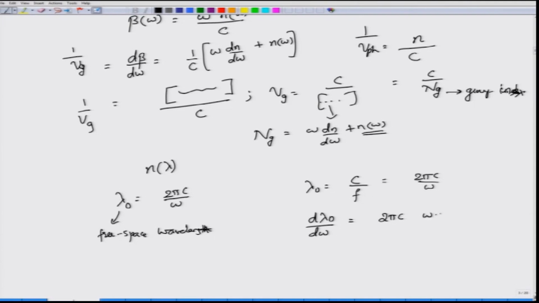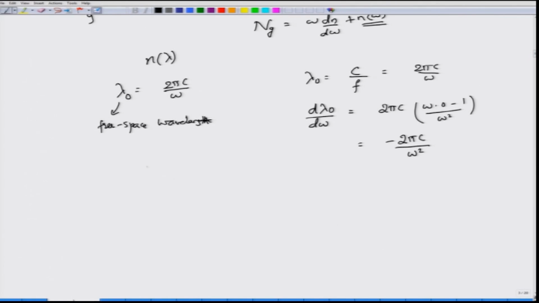It is omega into 0 minus 1, divided by omega square. You get here minus 2 pi c by omega square, okay. But what you want is dn by d omega, and dn by d omega can be written as dn by d lambda times d lambda by d omega, correct. So, this d lambda will cancel with each other. Therefore, I can write this one as dn by d lambda.